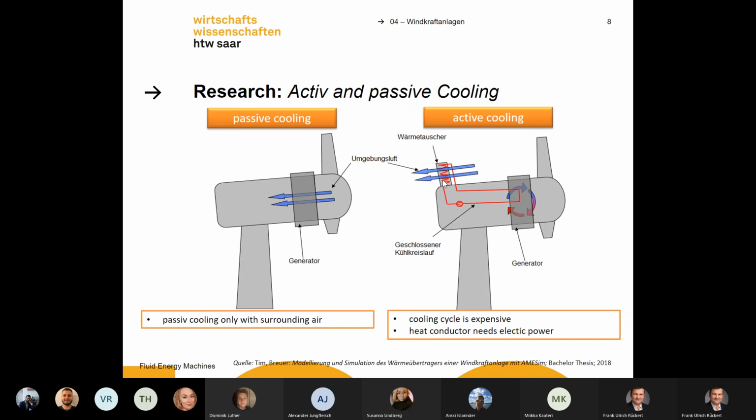So this active cooling is much more expensive. It's like a climate system. It can be damaged, and of course you have to pay for it, and you have to pay for the electric energy. So this passive cooling is much, let's say cooler, the better technique, because it's less expensive.